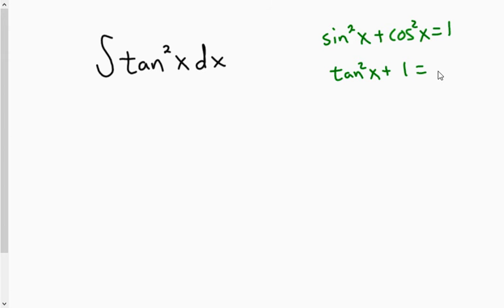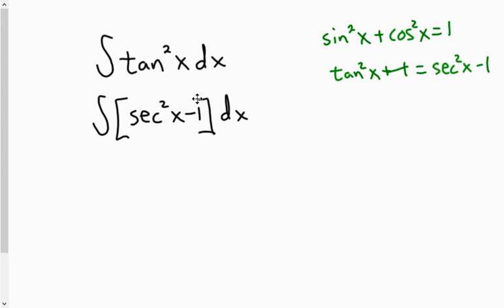And then 1 over cosine squared would be secant squared. And then if I bring this 1 over here, it becomes negative. Tangent squared equals secant squared minus 1. So I can replace the tangent squared here with secant squared of x minus 1.